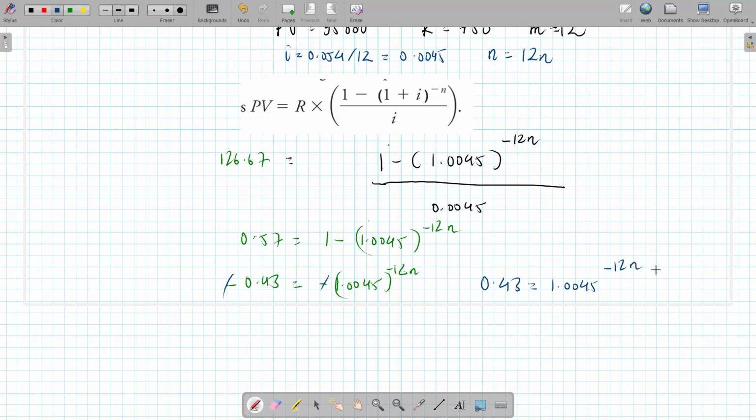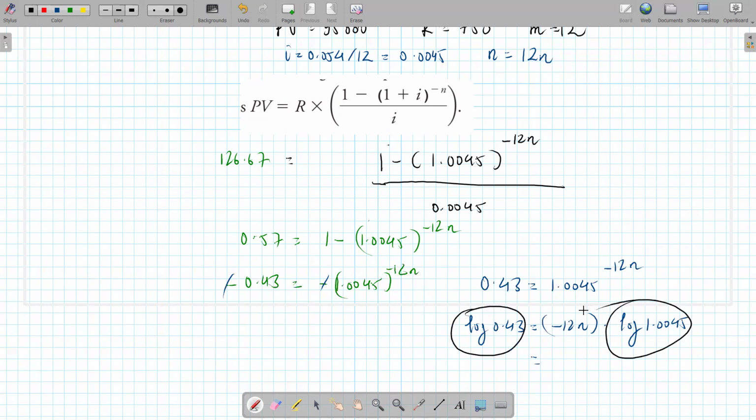What's the next step? Logs. Yeah. So log of 0.43, we get to bring the exponent down, negative 12n, times log of 1.0045. What's next? You divide this by this, and then whatever answer you get, you divide that by negative 12.